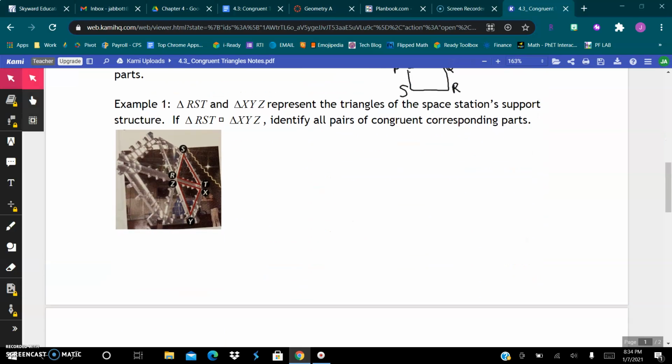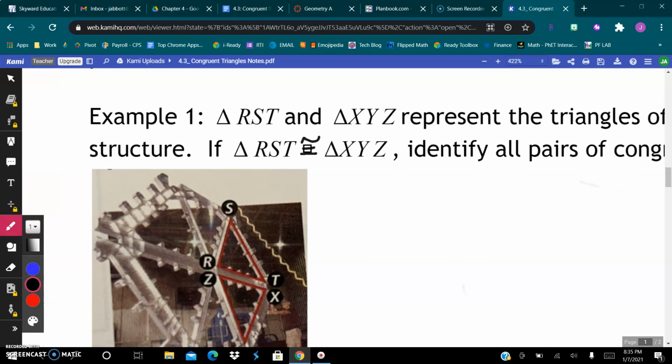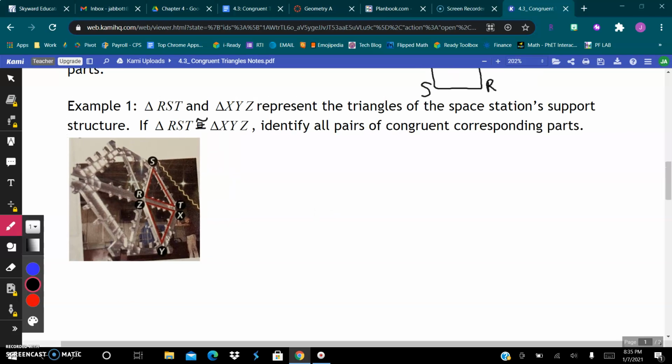All right, so for example 1, triangle RST and triangle XYZ represent the triangles of the space station support structure. If the triangle RST is congruent to triangle XYZ, we are going to have to identify all pairs of congruent corresponding parts.